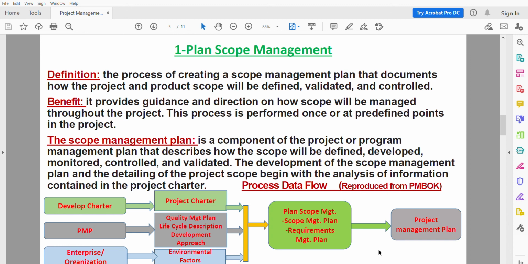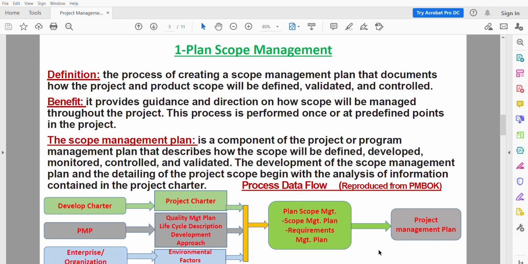Expertise should be considered from individuals or groups with specialized knowledge or training in the following topics: previous similar projects and information in the industry, discipline, and application area.